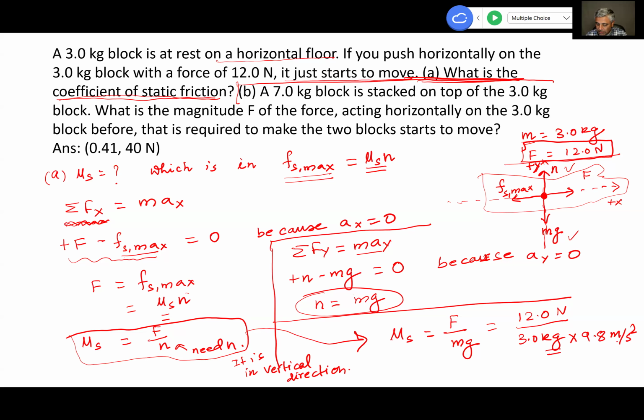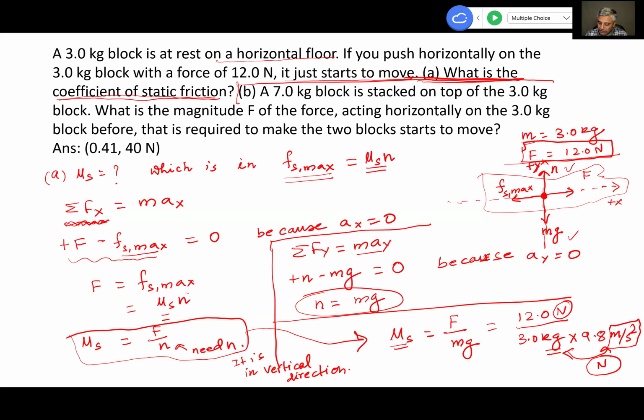So this kilogram times meter per second squared, when you combine these units, it's a Newton. So this Newton here cancels with this Newton, leaving this unitless as it should. Okay.